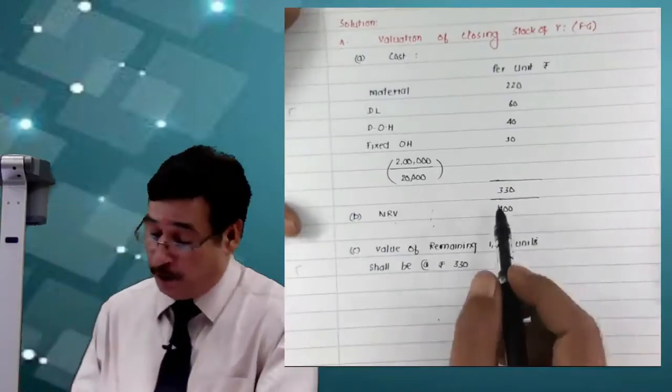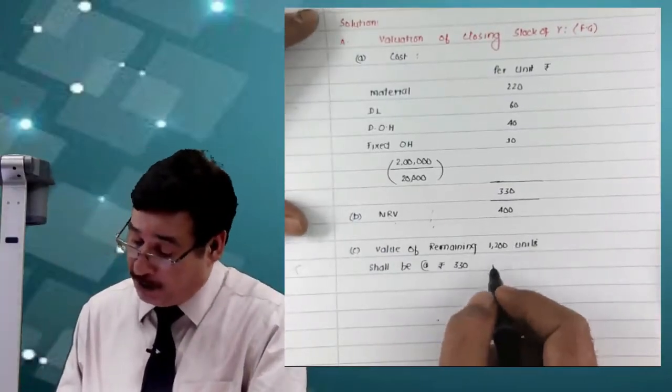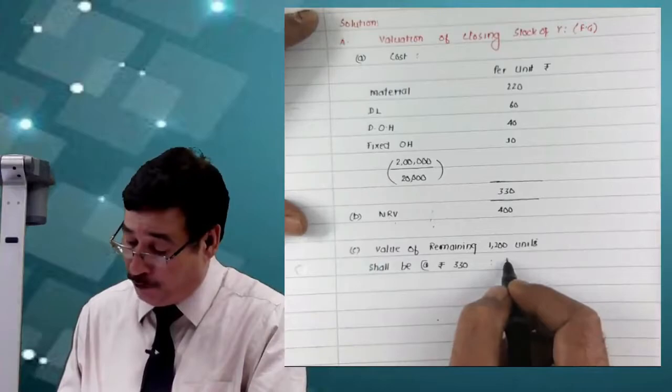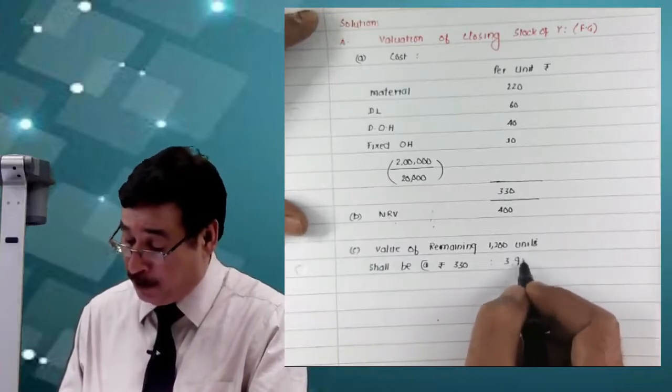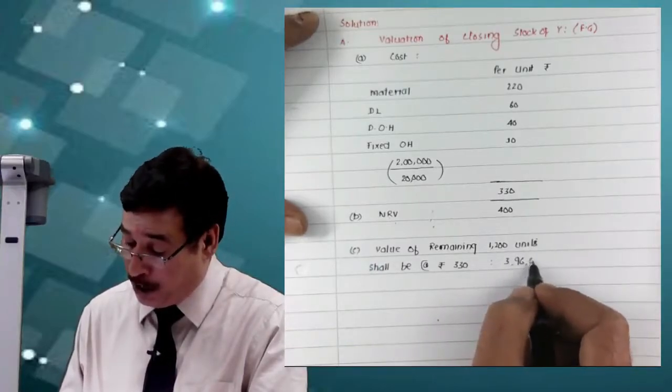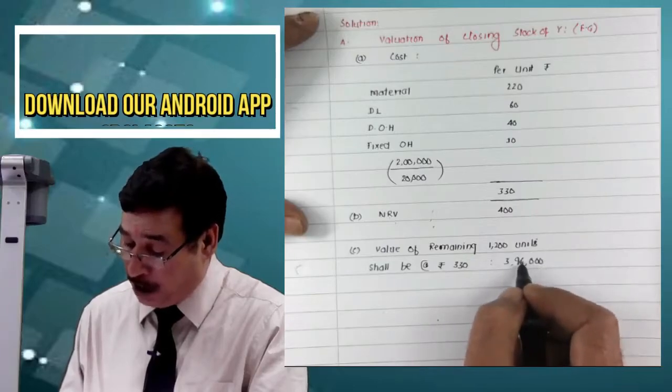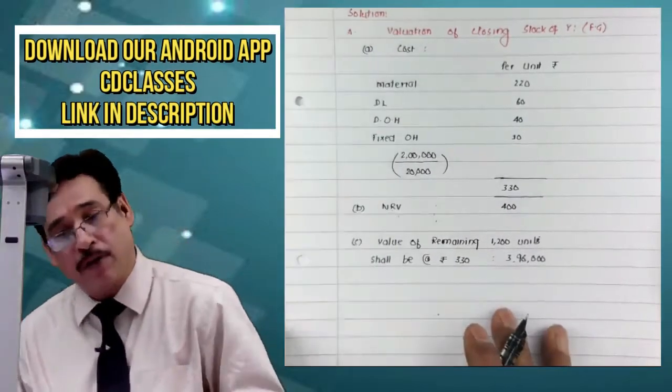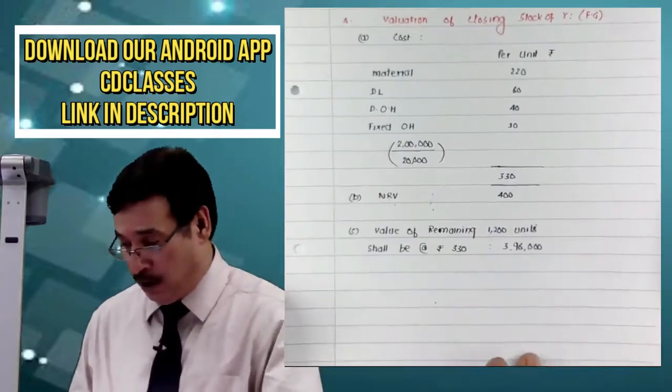Because out of these two, lower value will be considered, so as far as valuation of finished goods is concerned, closing inventory shall be valued at 3,96,000. In fact, shall be carried in the books at 3,96,000.